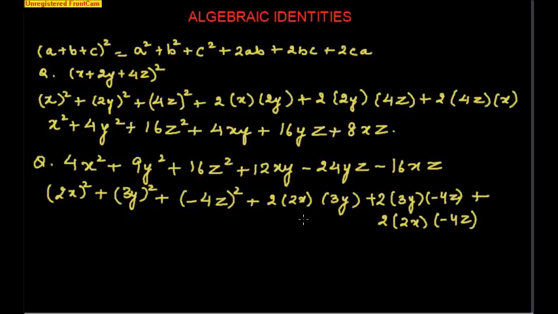Now if you see, this is (a + b + c)². So we get (2x + 3y − 4z)².